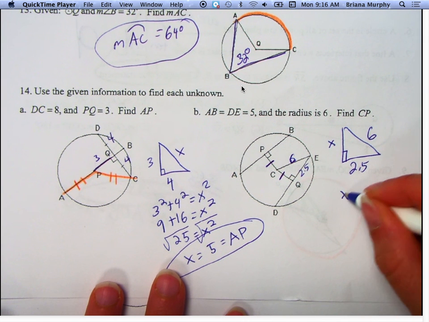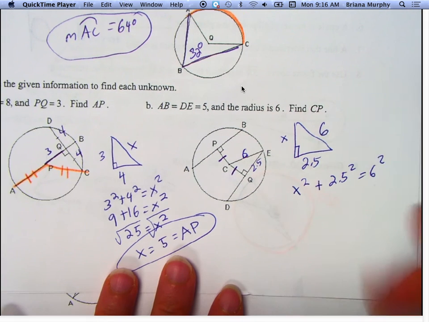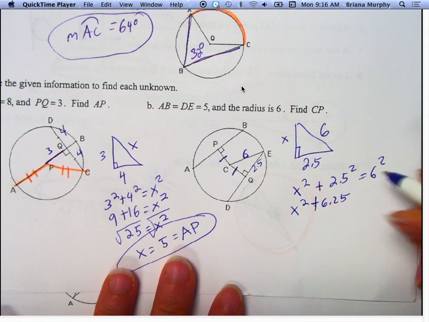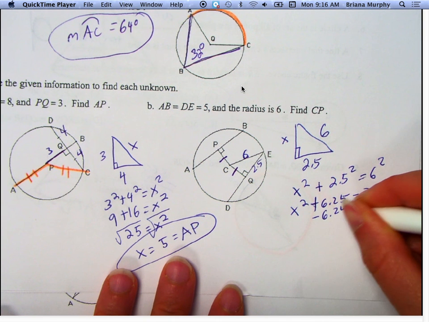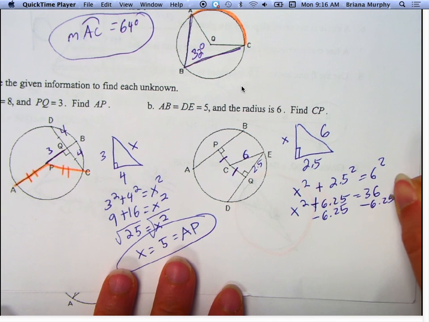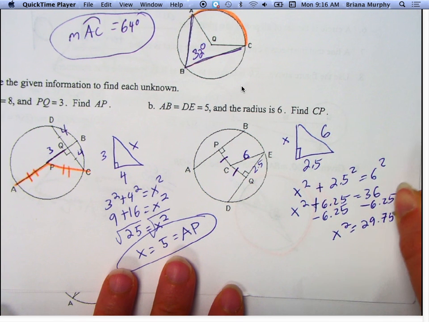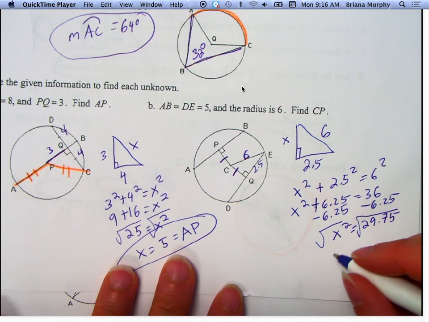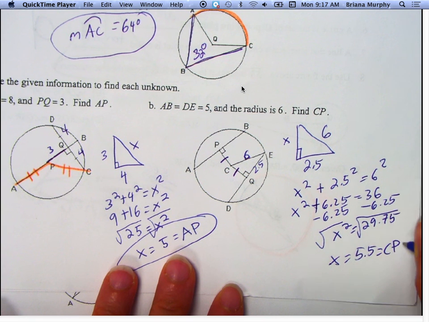So I'm going to say x squared plus 2.5 squared equals 6 squared. x squared plus 6.25 equals 36. I'm going to subtract 6.25 from both sides. x squared equals 29.75. I'm going to take the square root of both sides. And I get x equals 5.5, which is C to P.